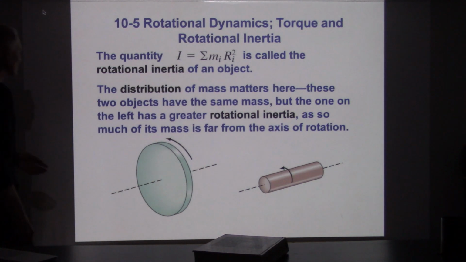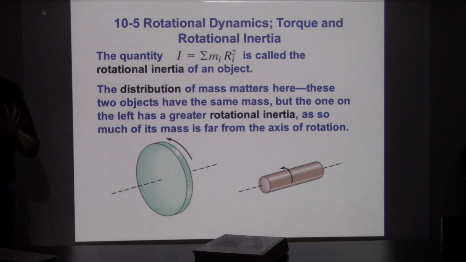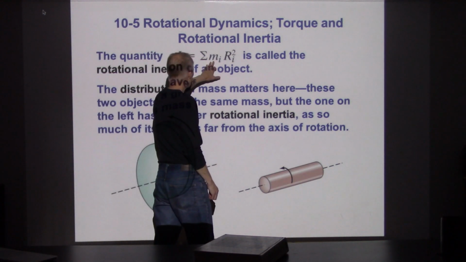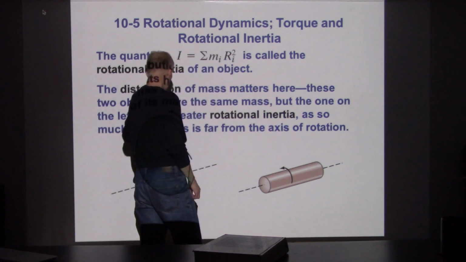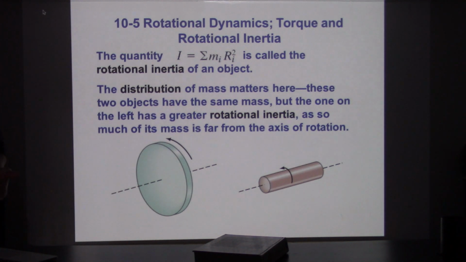I am going to have to take these cylinders and divide them up in a way where I can calculate every little dm times r squared. And some of the mass in these is close to the axis, and some of it's farther away. The mass that's farther away will contribute greatly to the rotational inertia. The part that's close in will not create as much rotational inertia.